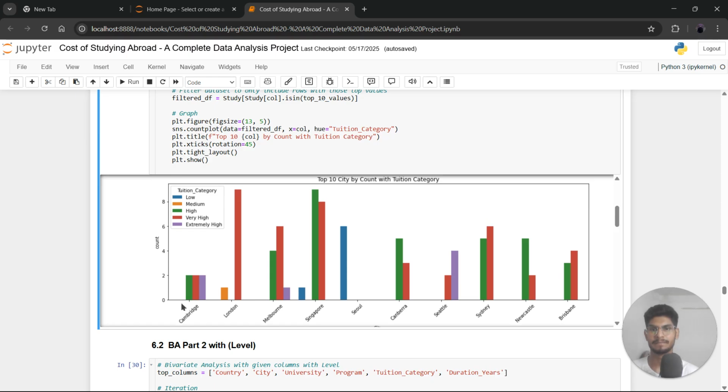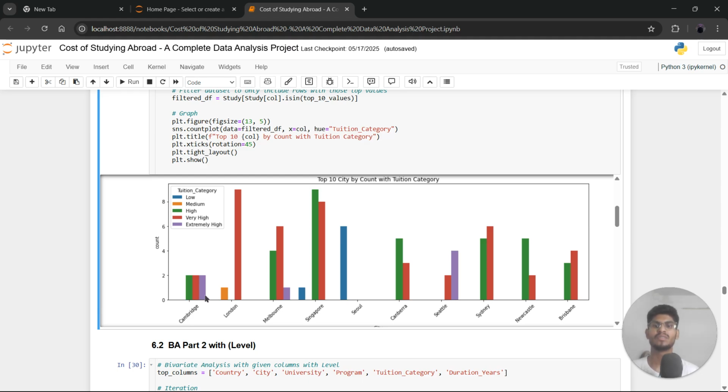So the Cambridge, I think it is in USA. I don't know about the cities, but I know the countries. Everybody knows. So then we can see right here that Cambridge is offering only the high, very high, or extremely high.